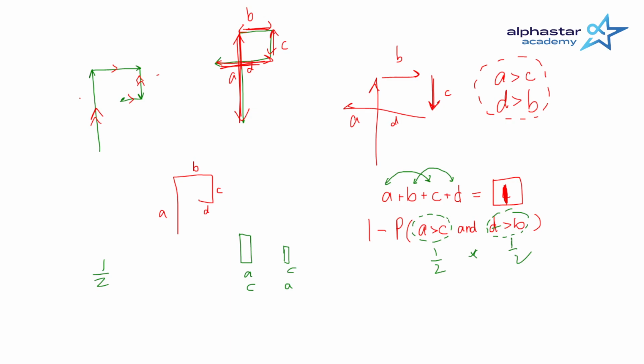Another cool way to think about it is if we choose the four lengths adding up to 1, and we randomly assign A, B, C, and D to these four values.